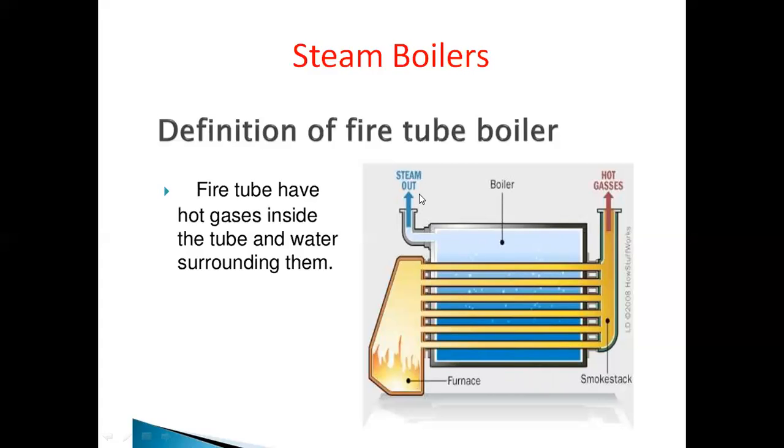In the fire tube boiler, the furnace releases hot gases, and these hot gases pass through the tubes, as shown in the figure. Around the tubes we have water, shown in blue. So when the hot gases pass through the tubes, there is water outside the tubes, so that the heat from the hot gases is transferred to the water.